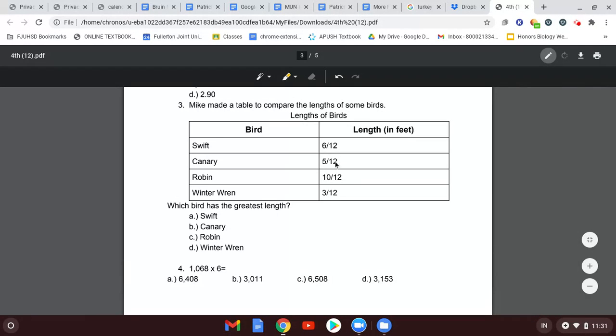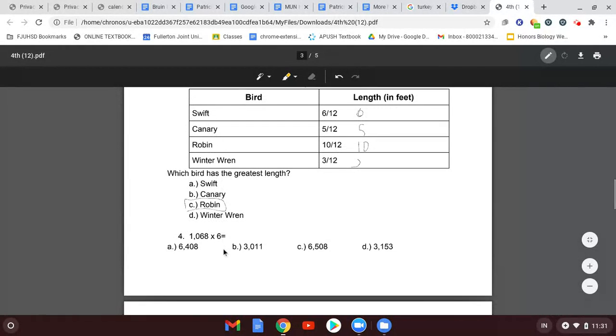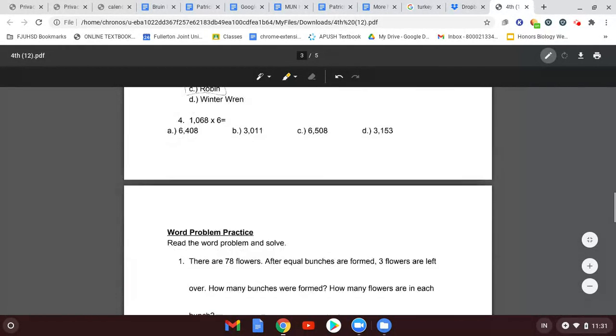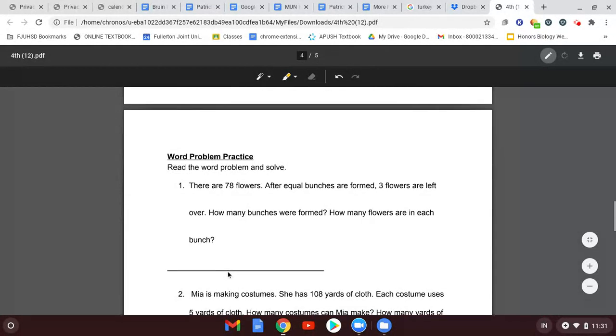Since these are all multiplied by 12, we can just cancel this out, so we can just see this as 6, 5, 10, and 3. We're trying to find the longest length, which is the biggest number, and that's 10. So the bird that has the greatest length is C, the robin. And this is just easy multiplication.